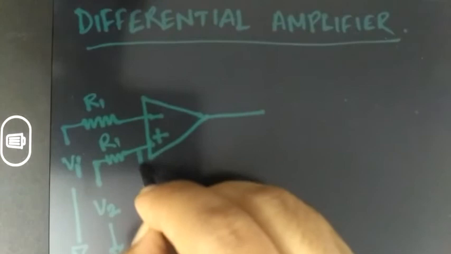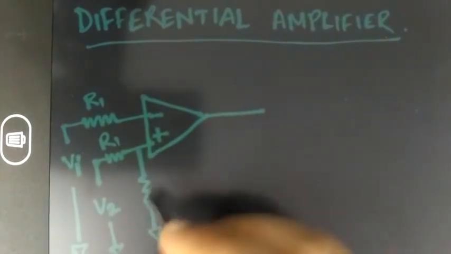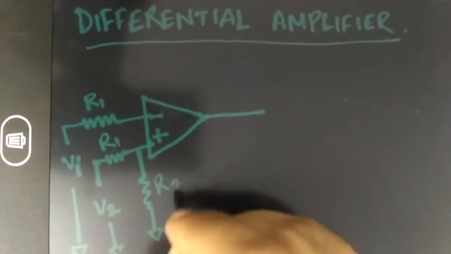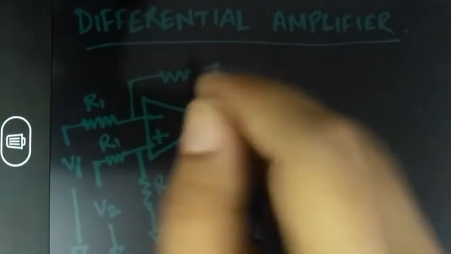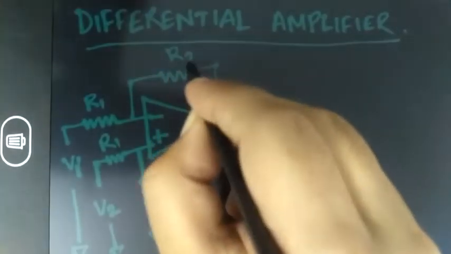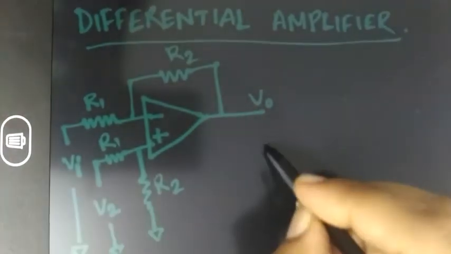I'm considering another resistance R2 from this part. Over here I draw the feedback part, and this is your output, pin number 6.